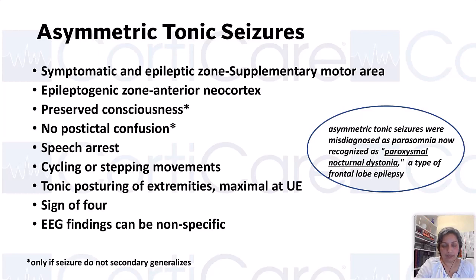Sign of 4. That is the famous semiology of the frontal lobe asymmetric tonic seizures, where both the upper extremities do two different things. The EEG findings can be non-specific. So now this paroxysmal nocturnal dystonia, that is the epilepsy where these seizures are being seen.